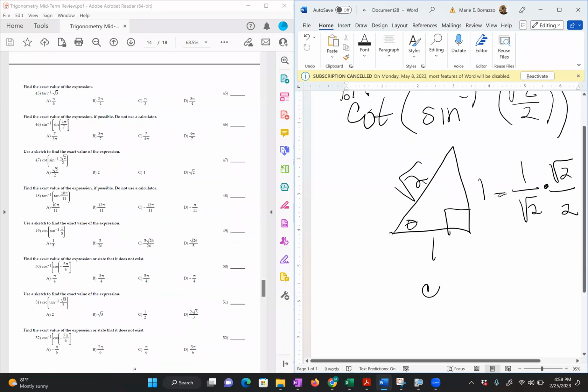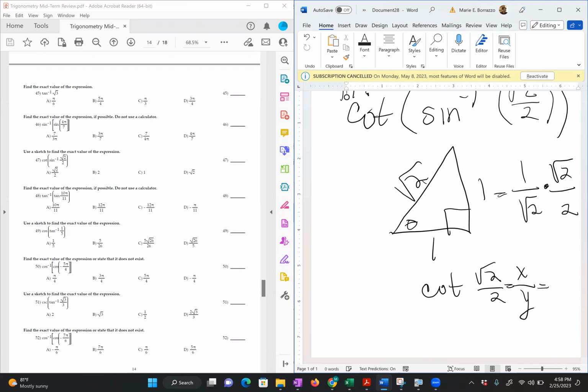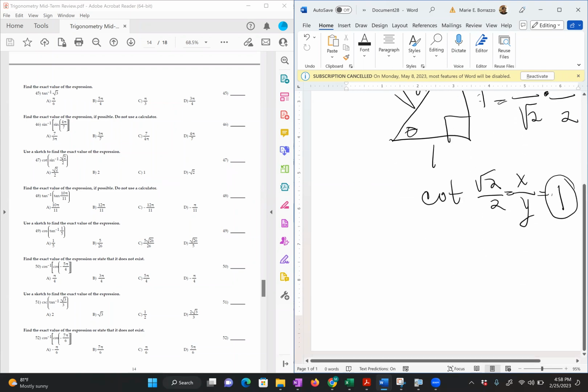So I'm looking at the cotan of square root of 2 over 2. So if you remember, this is x over y. And technically, if I am really good at this, you should know that that should equal 1. It's always equal to 1 because it's opposite over adjacent for tan and adjacent over opposite for cotan. So regardless, your answer would be 1. So yeah, you're looking at that triangle.